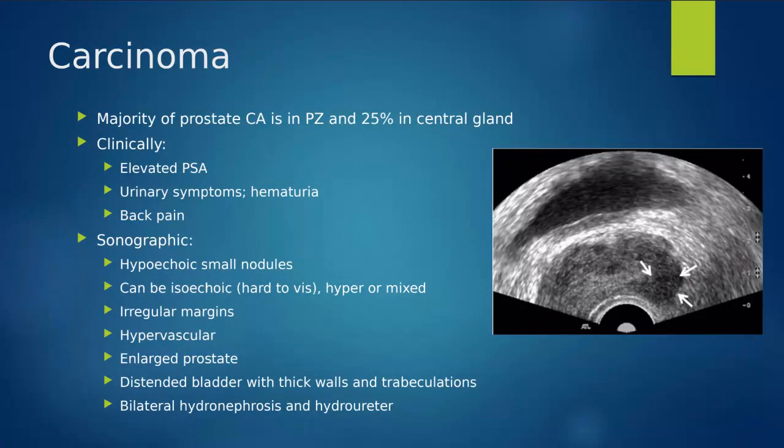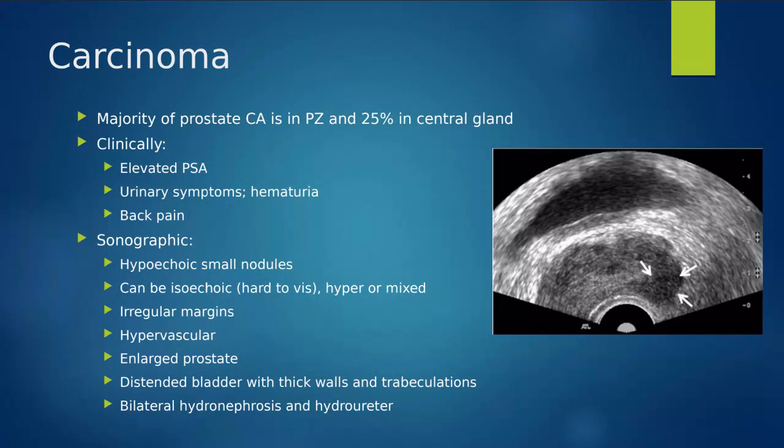On ultrasound, we could see small hypoechoic nodules in that prostate. These can be really hard for us to visualize, especially if we are doing a transabdominal. Basically, if we're doing transabdominal of the prostate, we're really not going to be able to find these carcinomas or these cancers. Although they commonly are going to be hypoechoic, they can really be anything they want to be.